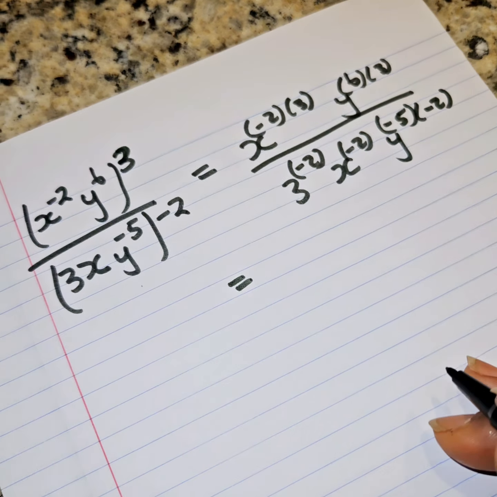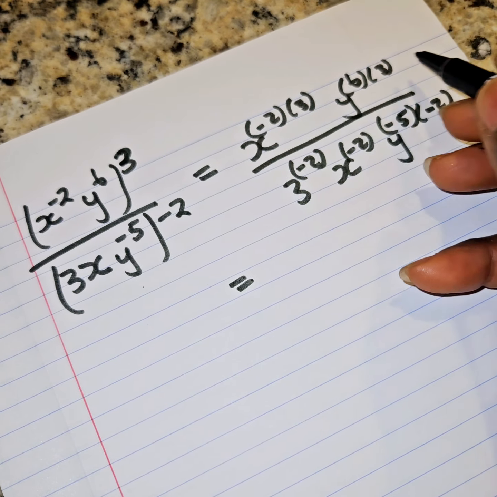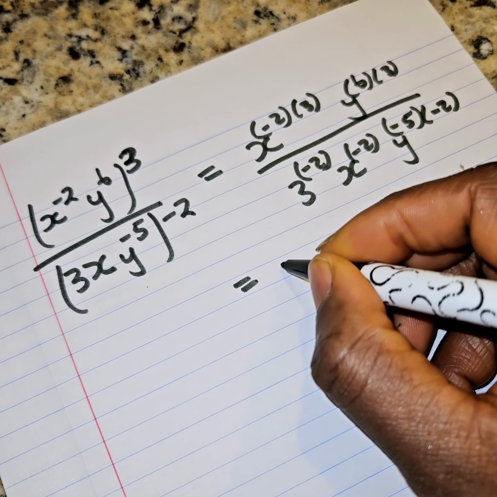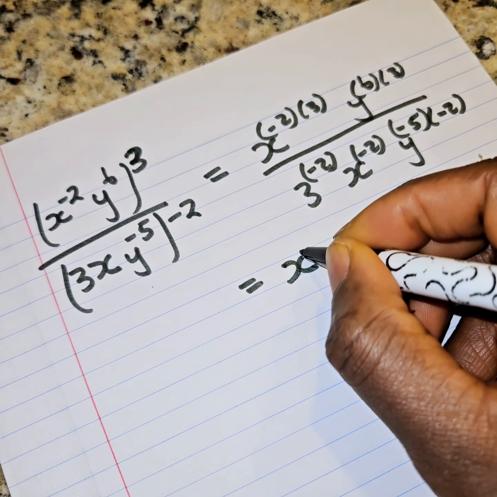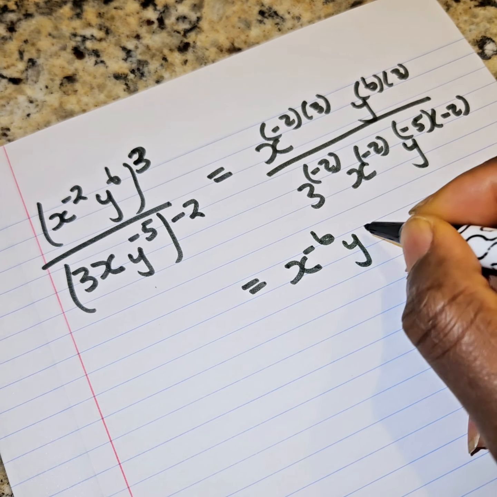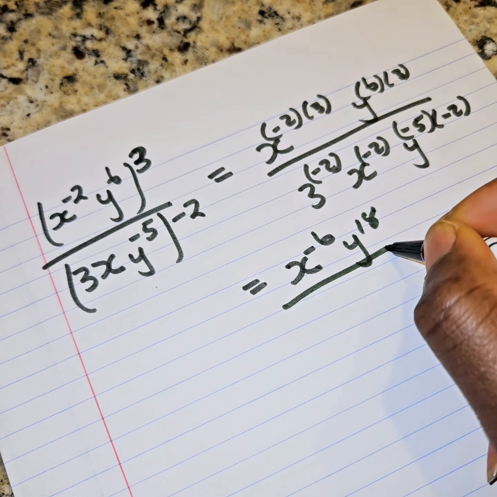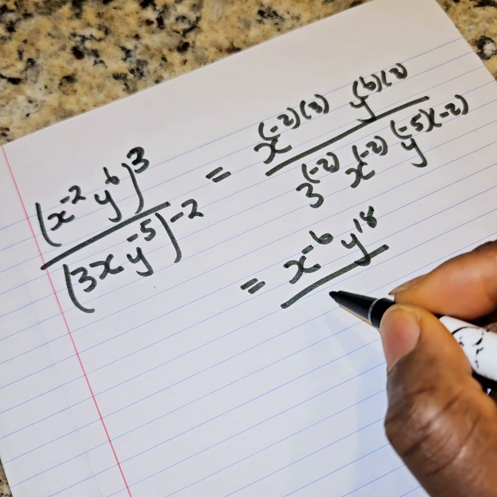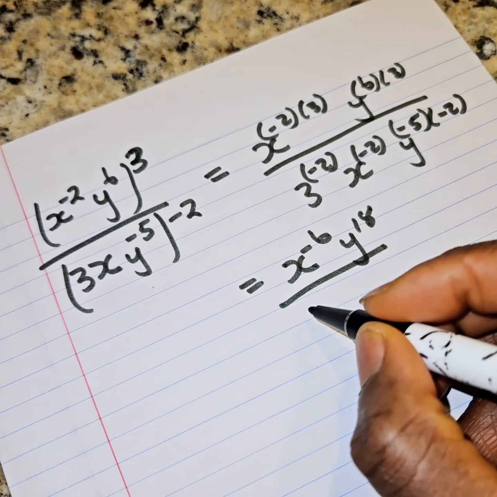In this next step, we multiply out the parentheses: x to the negative 6, y to the 18, and 3 to the negative 2.